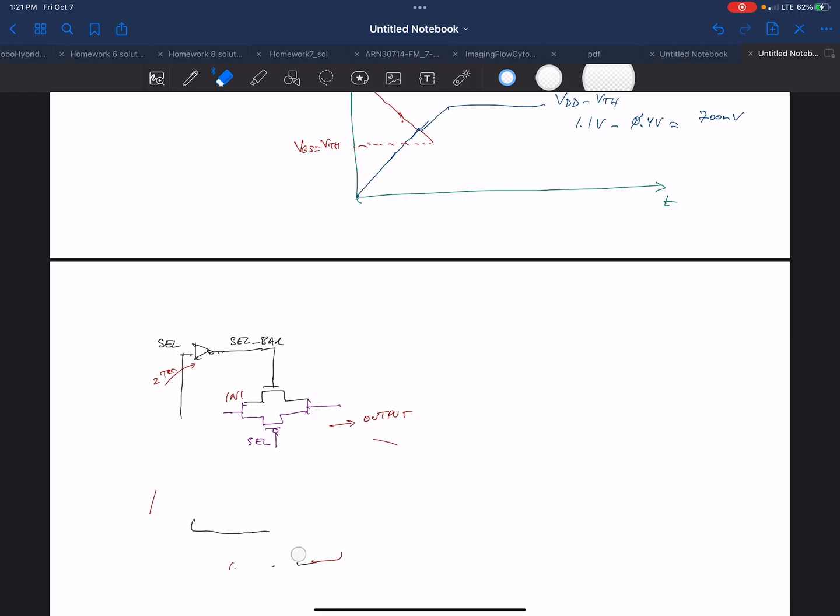And then here I have the same select goes to the NMOS. And select bar goes to the PMOS. So in 1, in 2, and these guys are the outputs.